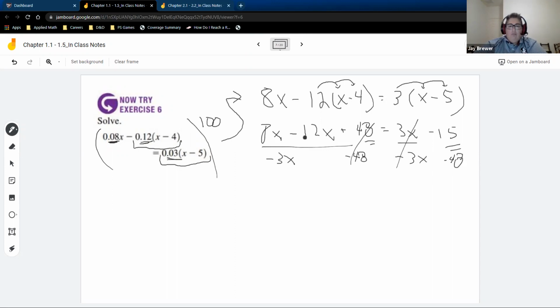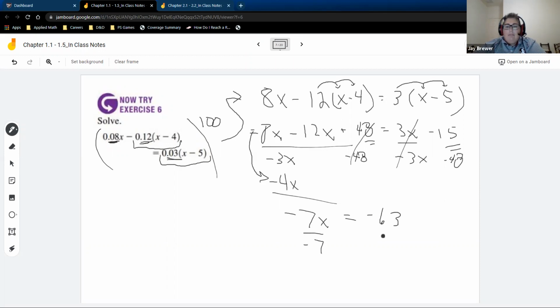So negative 12 plus 8 will give us a negative 4x. And we're going to add those together, so it's going to be negative 7x. This negative 4 is coming from that part there. And then negative 15 minus 48 is going to give us a negative 63.